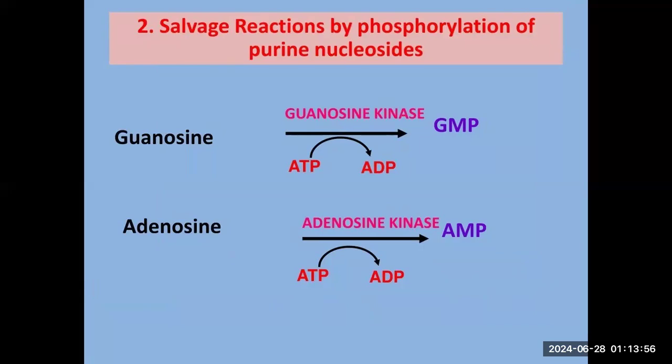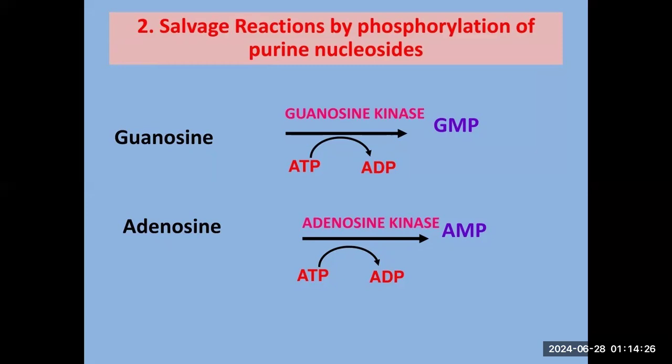Salvage reaction, a simple phosphorylation of purine nucleosides. Remember, nucleosides are the ones in which purine molecules are attached to sugar. So guanosine nucleoside in the presence of guanosine kinase is phosphorylated and we get the formation of GMP, guanosine monophosphate.